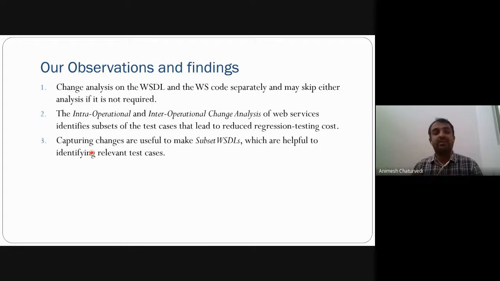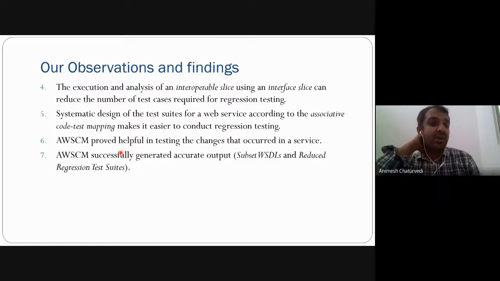All these things are captured with the help of subset WSDL, which is actually helpful for identifying relevant test cases. Then we executed and analyzed that inter-operational slices could be accessed with the help of interface slice, which reduces the number of test cases for regression testing.